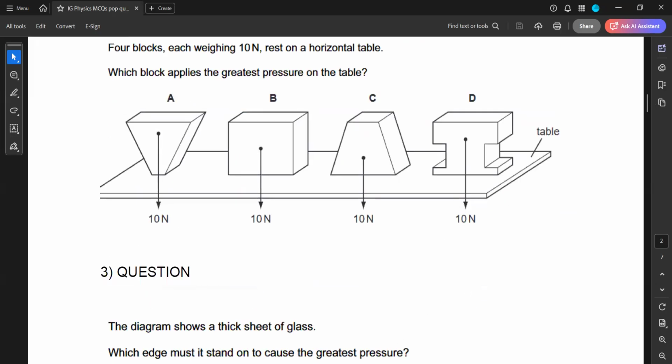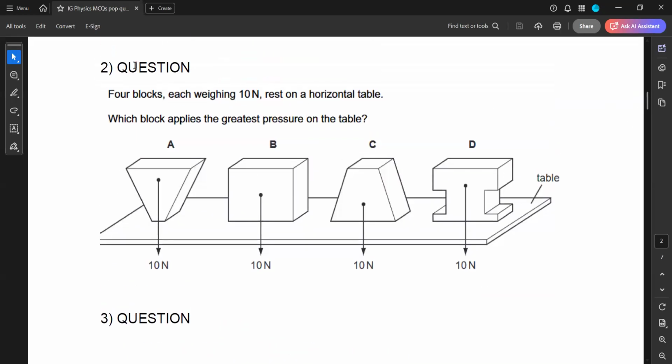Look, the question is, which block applies the greatest pressure? How do we define the term pressure? Pressure is force acting on a unit area. So if we have a small area, that will exert a high pressure.